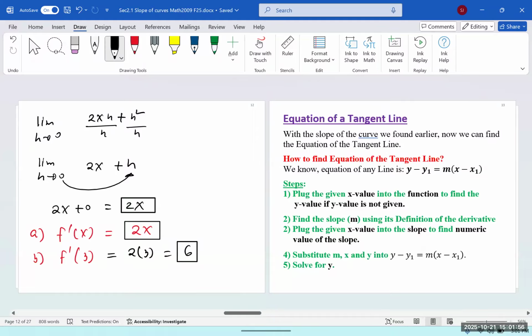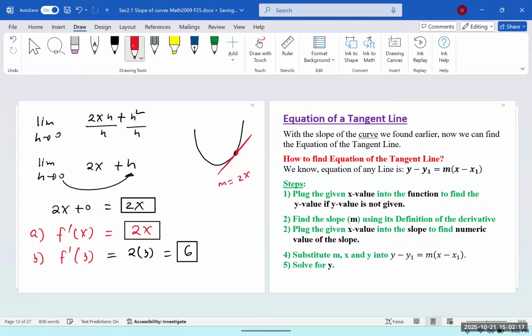Good job. That means now we are finding the actual line, the tangent line I'm talking about. So if this is your curve, and you know the tangent line that goes through this point, the tangent line has a slope 2x.